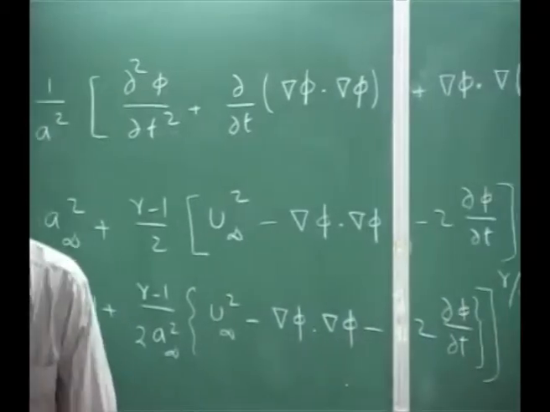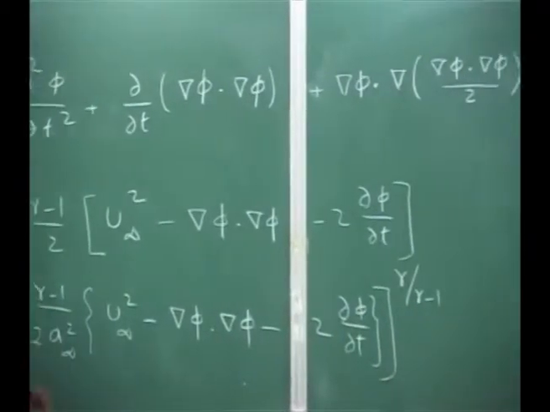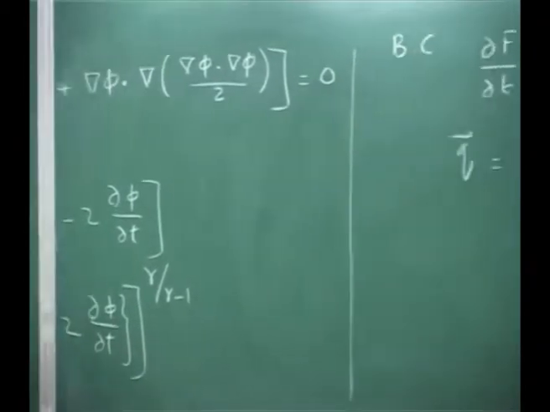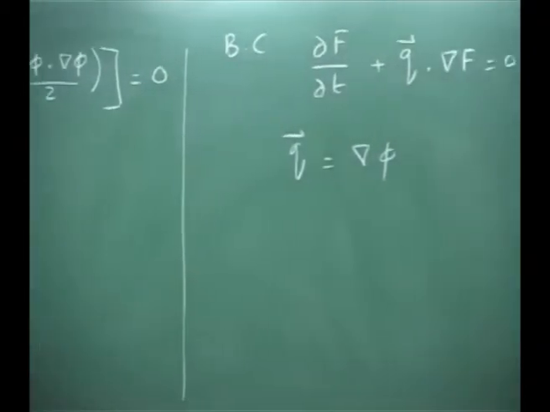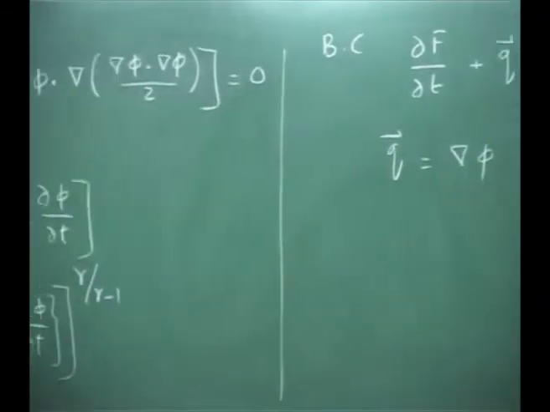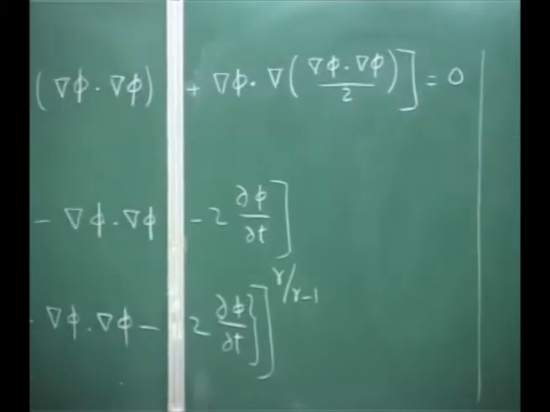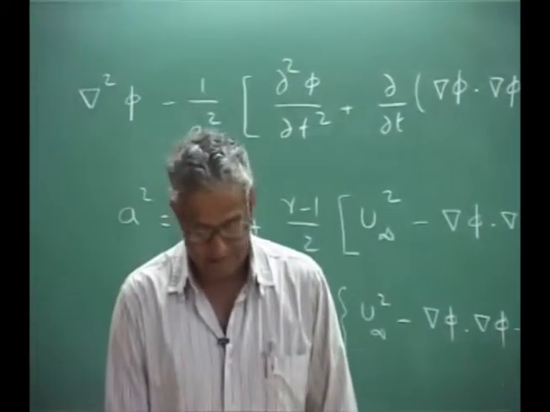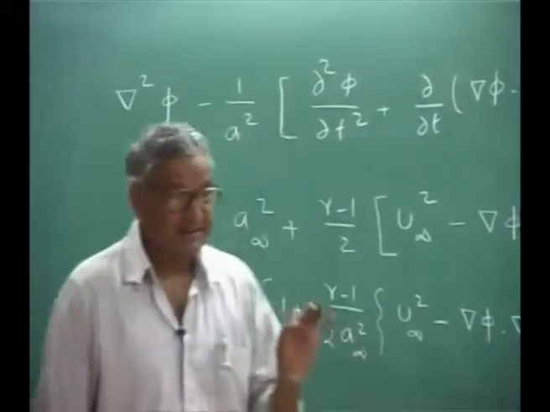Because this is highly nonlinear, you have to go for the small disturbance potential equation, which is the linearized equation which you will get. So please note that that is the small disturbance.